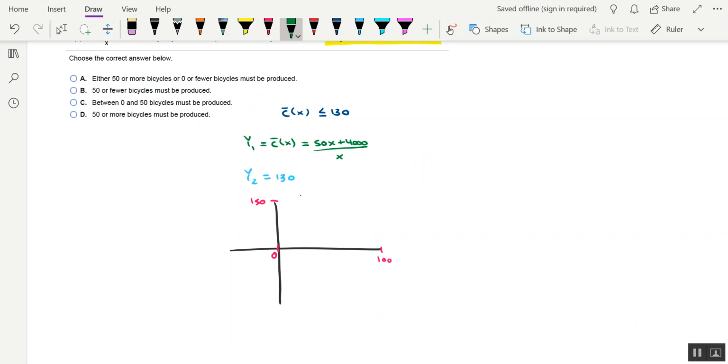Y1 did something like this, and then y2 was that horizontal line. Keep in mind that the green graph represents the average cost function, and the blue graph represents the dollar amount of 130.